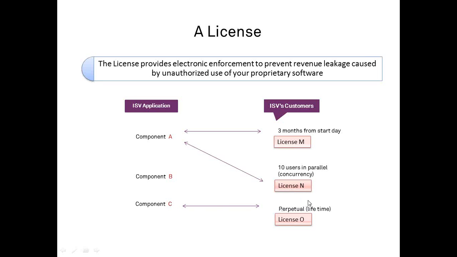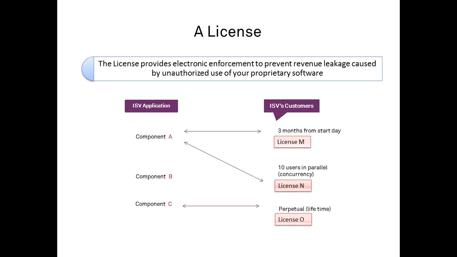Not only that, I have the ability as a software vendor to provide a license that defines which of my components will be enabled for him, but also every license has other conditions like how long it's going to be working.